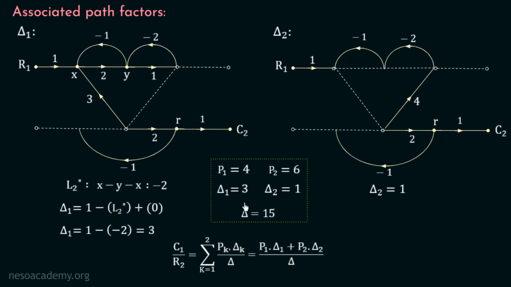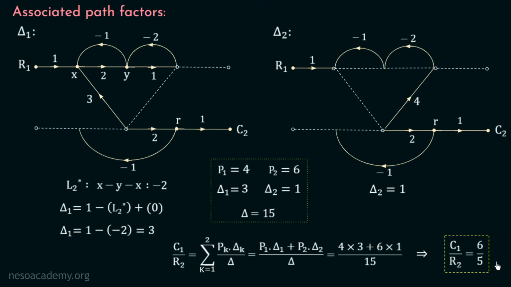Now, putting all these values in this equation, we will have C1 over R2 equal to 4 multiplied with 3 plus 6 multiplied with 1 over 15. And if we solve this, we will have C1 over R2 equal to 6 over 5, which is equal to 1.2. And in this way, we are now done with the calculation of all the 4 possible transfer functions.